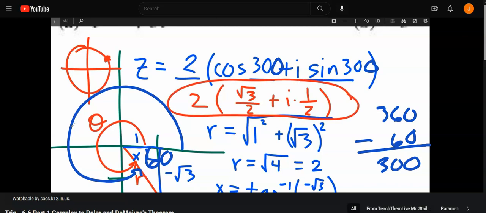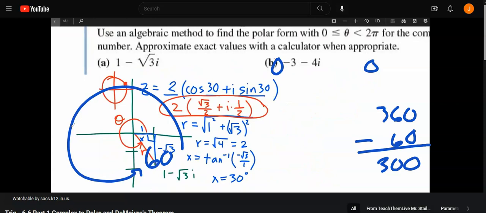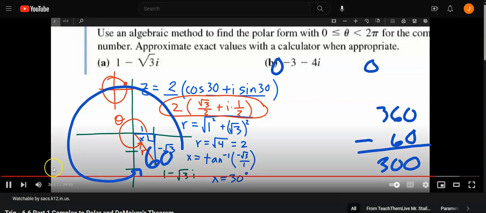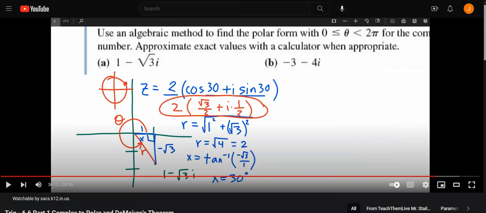I feel like I'm making a big mistake here. Let me pause the video and see if I can figure out what's going on. If anything, you could use 60.